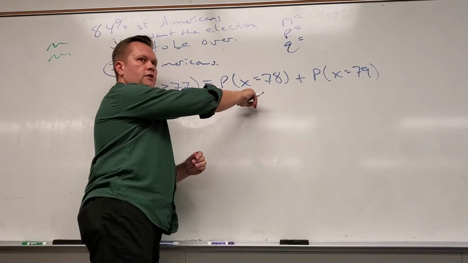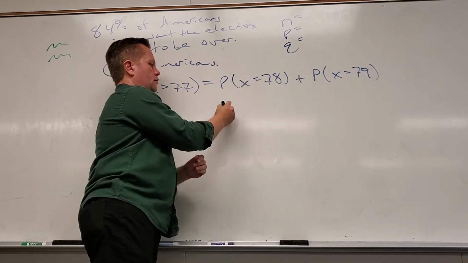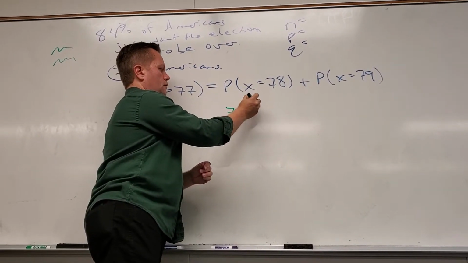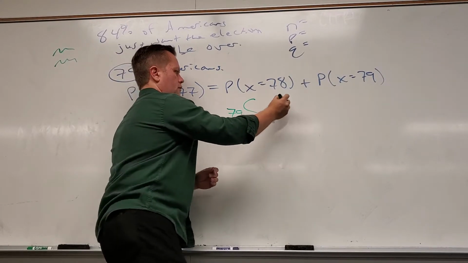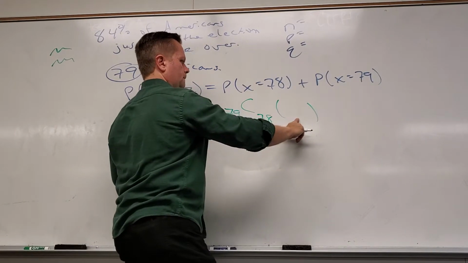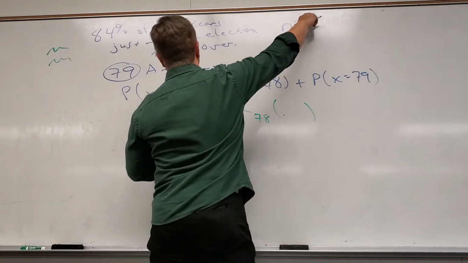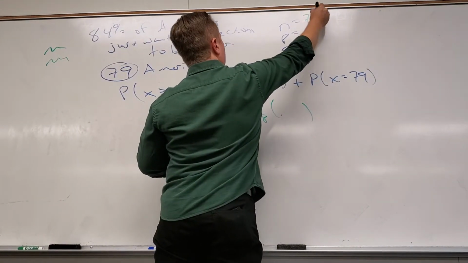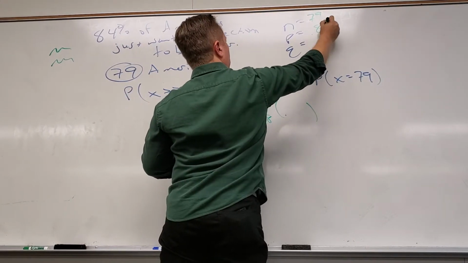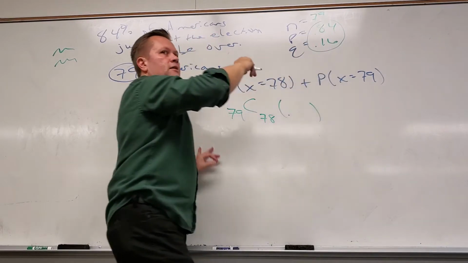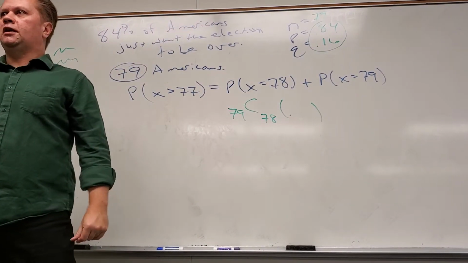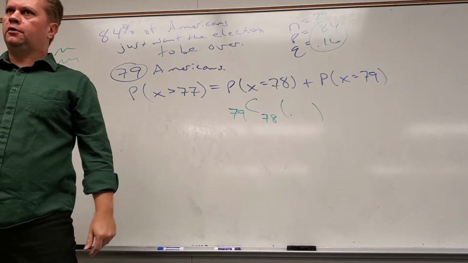What's this first guy look like? 78, I like it. What goes in here? Yeah, because what's n in this case? 79. p is? 0.84. Get really used to immediately changing them into the actual numbers.